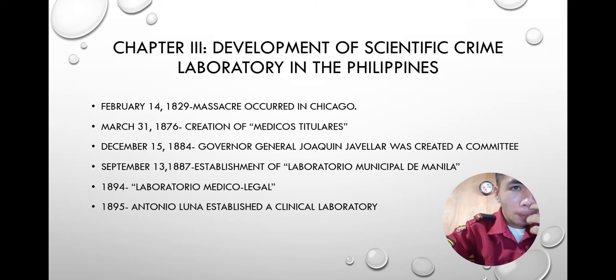Then a group of public-minded individuals was responsible for the establishment of a scientific crime laboratory in that city, which today has marked its place in historical annals of police science.